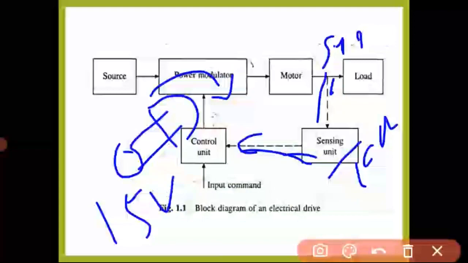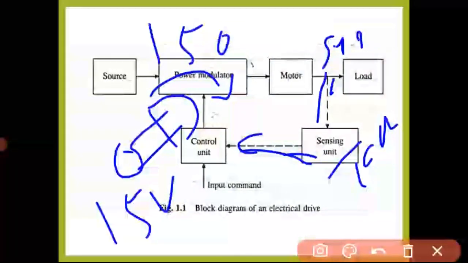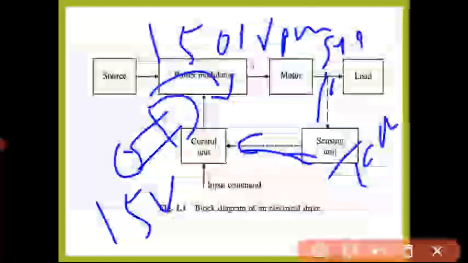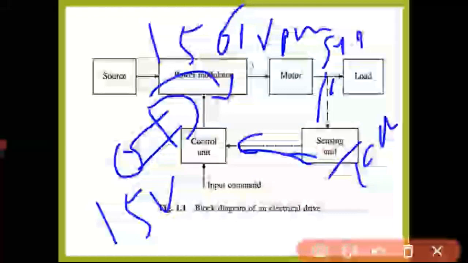For an instant, imagine the motor is rotating at 1500 rpm, and the tacho generator generates 15 volt, fine. It means 1500 rpm corresponds to 15 volt.